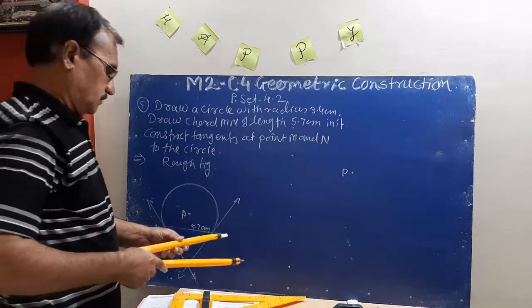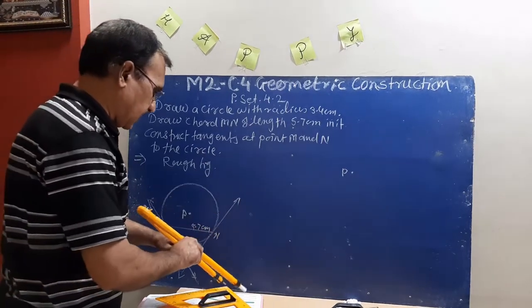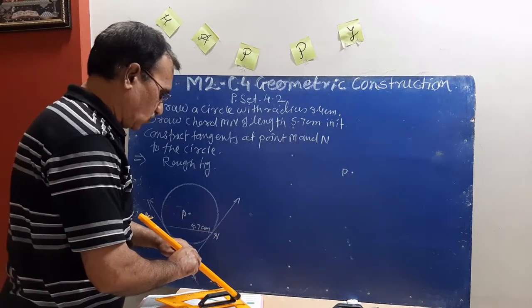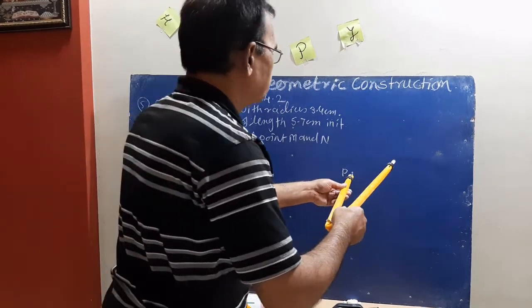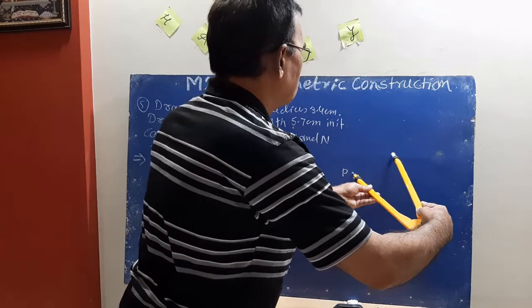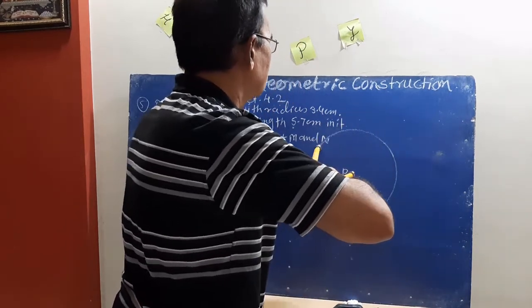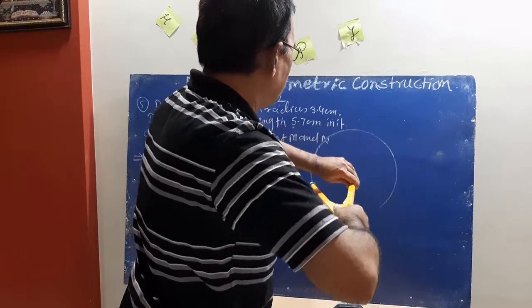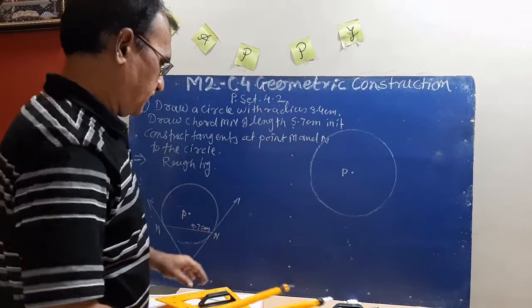Then take radius 3.4 with the help of a scale. Take accurate radius. And draw a circle having radius 3.4.